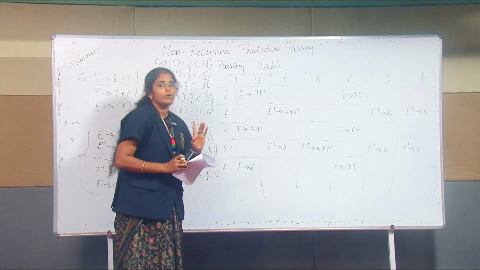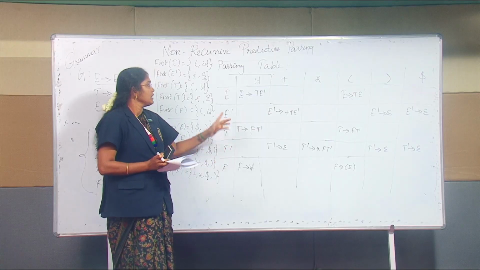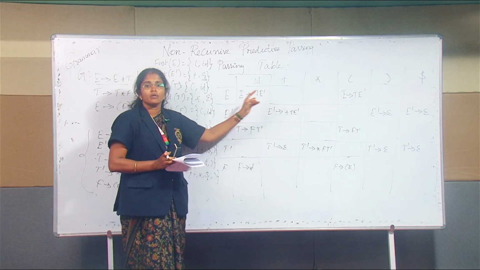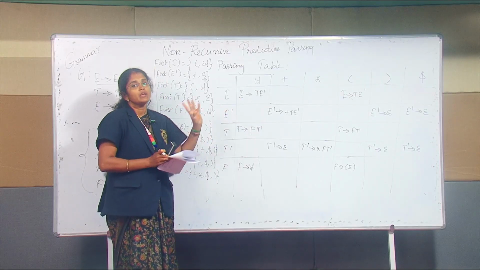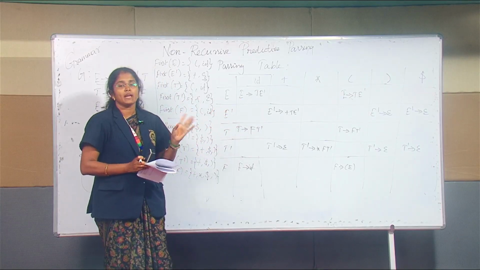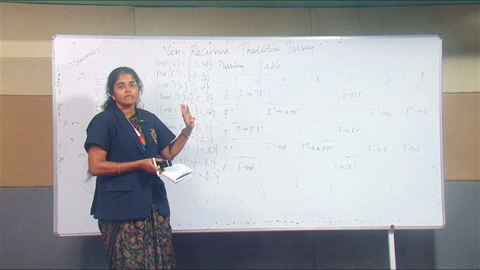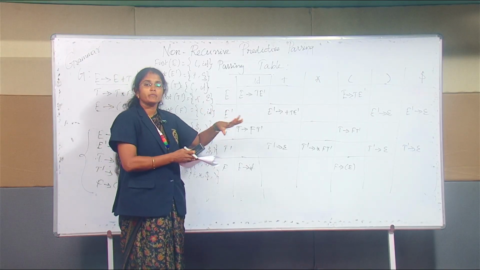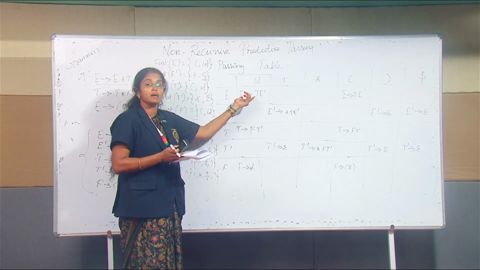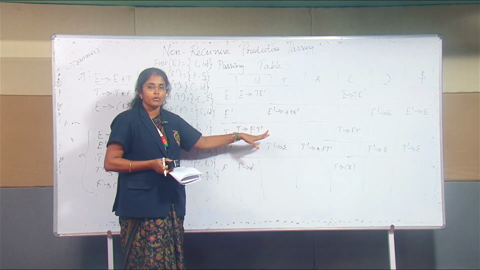The important thing is that after filling the parsing table, we need to check whether each and every column contains only one production. If it has more than one production, it will not accept any string if you go for the further stack implementation, so we can stop the process there.